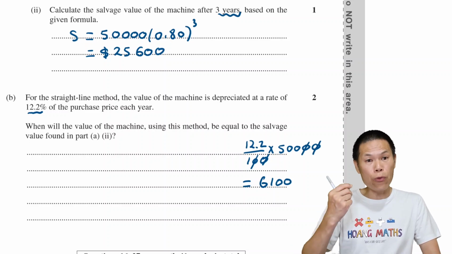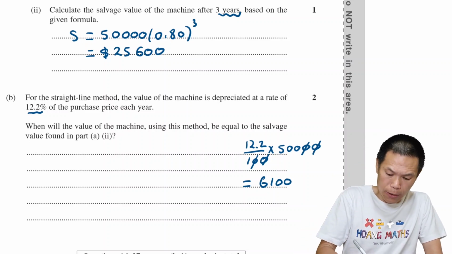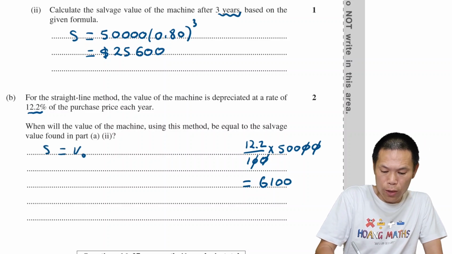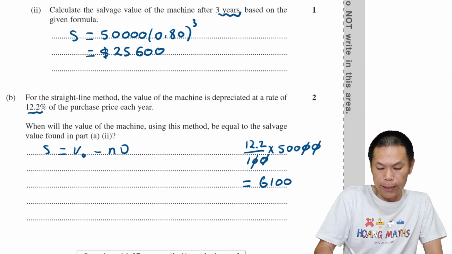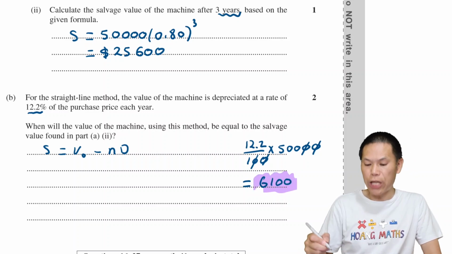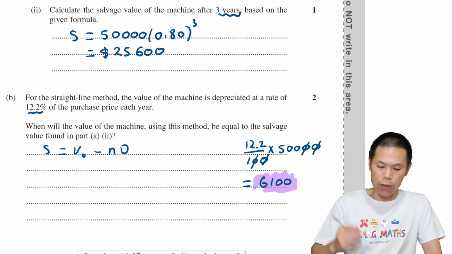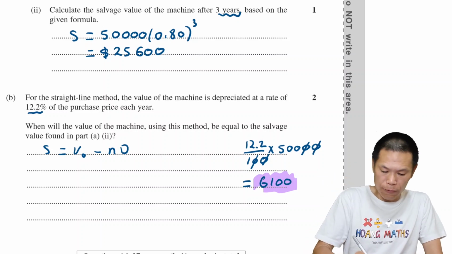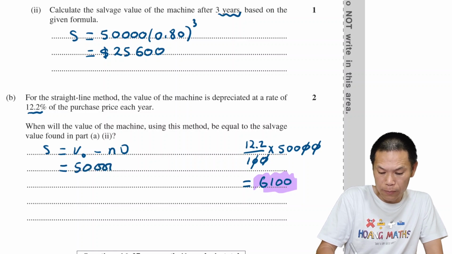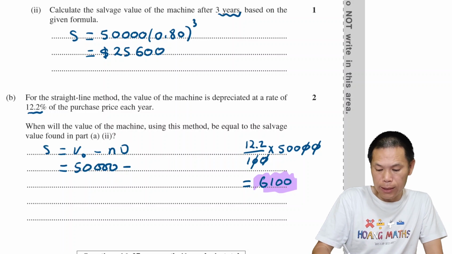So keep that in mind. We know that for the straight line method, S equals V naught minus nD, where D is the annual depreciation, that is 6,100, and V naught is 50,000. So that becomes 50,000 minus n times 6,100, so 6,100n.